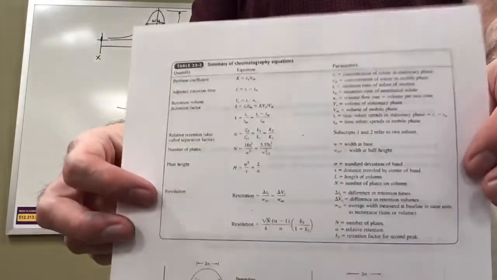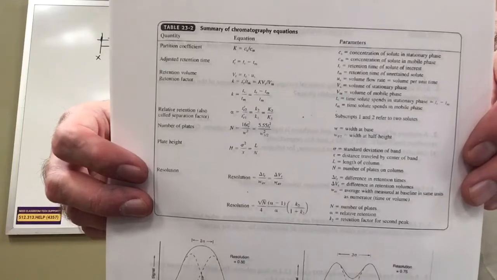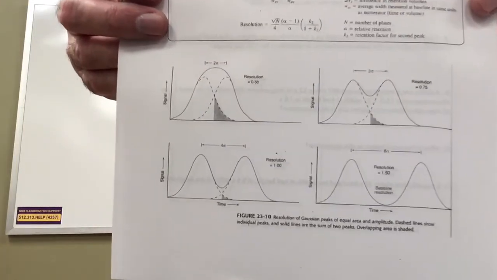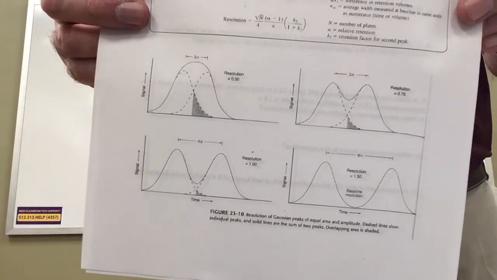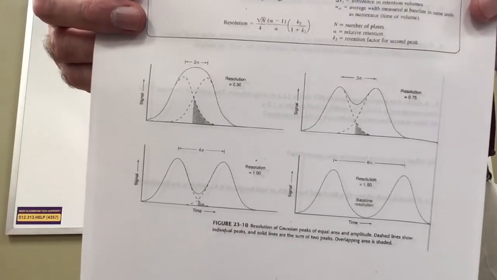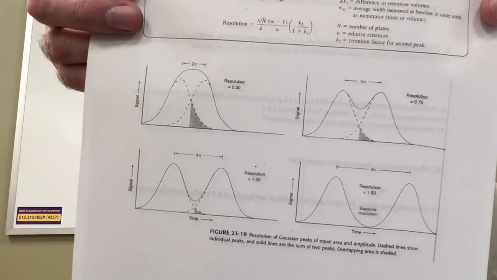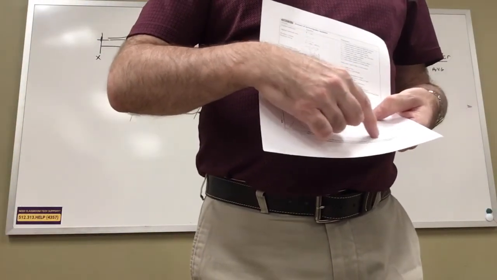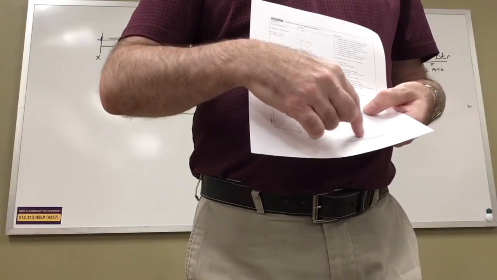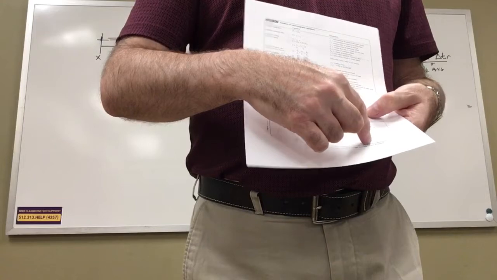On the back page is a list of equations that we're going to use, and then a little diagram that tells us, using sigma, our standard deviation, whether peaks have resolved adequately or not. It seems from this diagram that an adequate resolution happens when alpha has a value of 1.5.